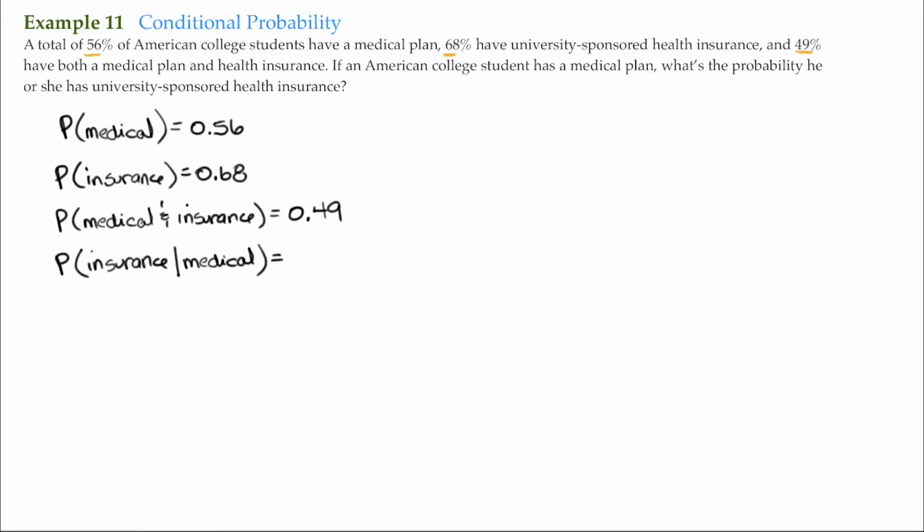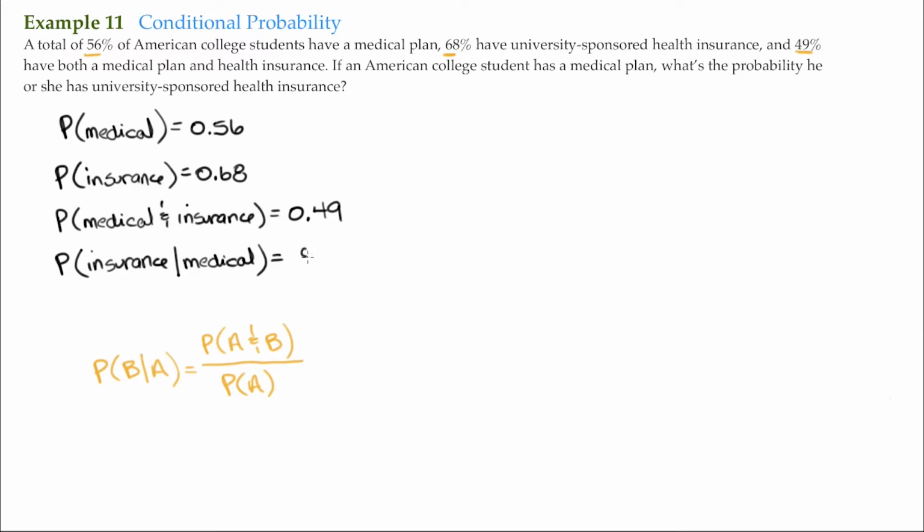So the formula for conditional probability, well, that's the probability of B occurring given A has occurred. That's going to be equal to the probability of A and B occurring divided by the probability of A occurring. So this right here, that's going to be equal to the probability of A and B occurring. That's the 49% here.